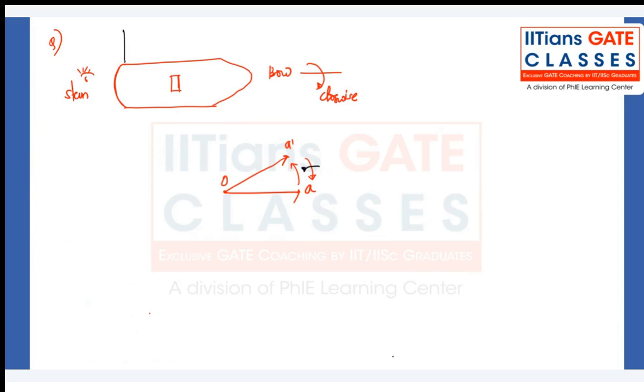So it will lower the stern and raise the bow. So it is taking a left turn. Ultimately, you can say it will raise the bow and lower the stern.